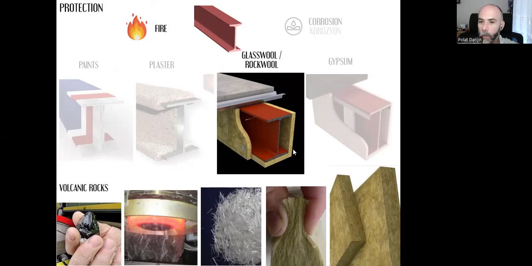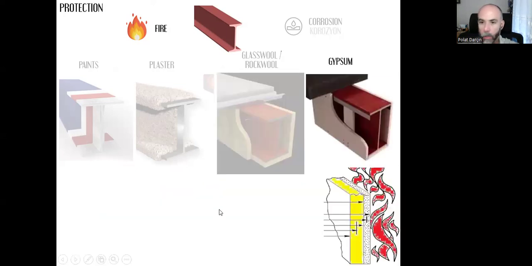And if we cover the whole surfaces of the profile, since they are made out of rock or glass, they don't get burned and they provide a high level of heat insulation. And gypsum is a very good material. Again, it doesn't get burned and it provides a very high level of heat insulation.